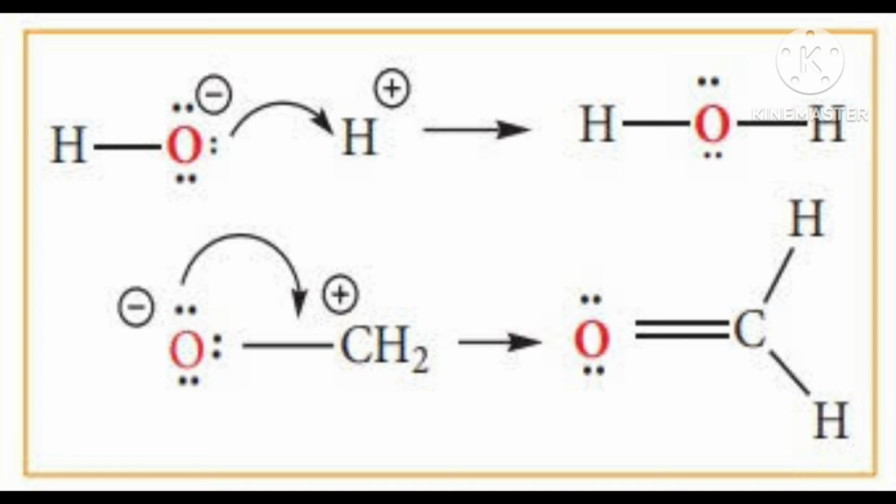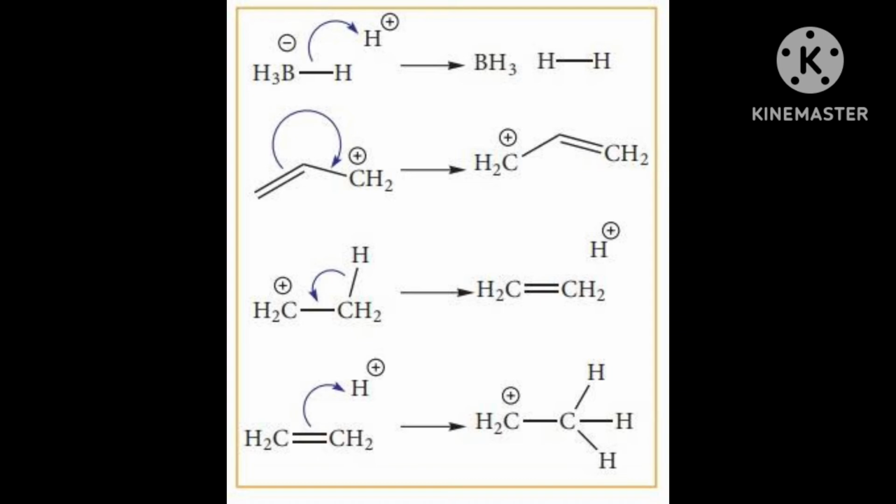For example, in the transfer of hydroxide ion giving ethanol, and in the dissociation of chloromethane, the movement of electrons using curved arrow. Now you can write like this. I am telling you, the OH hydroxyl ion is there. In the hydroxyl ion, OH is negative, and oxygen has 3 pairs of electrons.